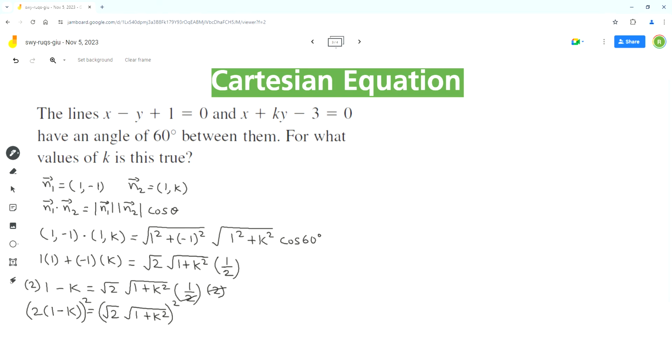So on the left side, 2 square is 4. Square of square root of 2 is equal to just 2. And the square root on 1 plus k square goes away.